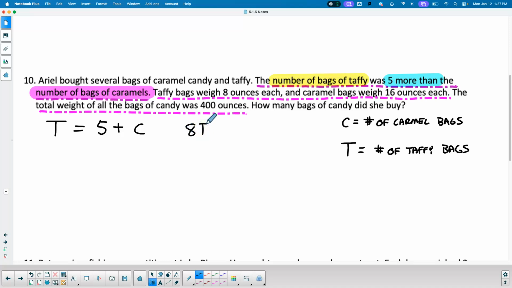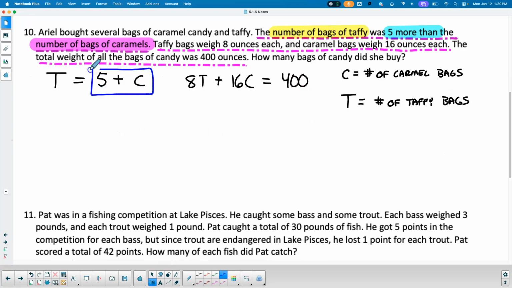Can I go 16C? That sounds better. Okay. What am I going to do with those two? Add them together, and together they equal how much total weight? 400 ounces. Okay. We've defined now 2 equations because we defined 2 variables. Okay? Solve it. Oops, went to the wrong spot.